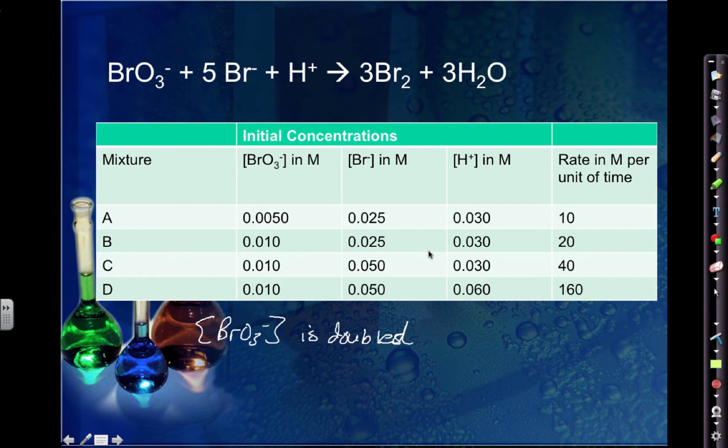We have to keep everything else the same to figure out what happens to the rate when I change BrO3. BrO3 goes from 0.005 to 0.01, and what I notice is that the rate doubles.